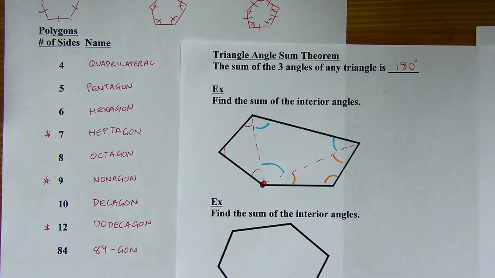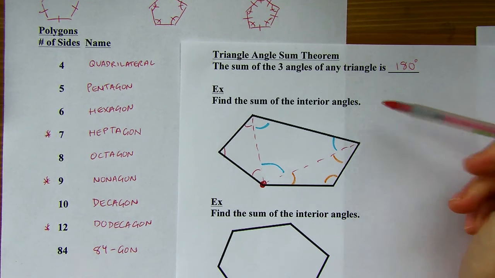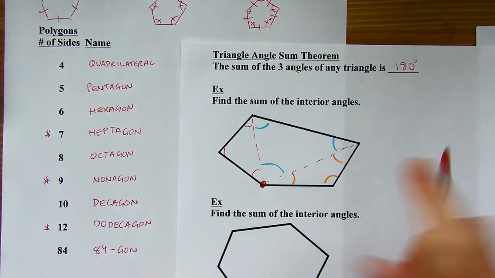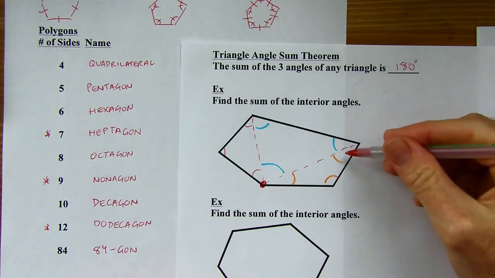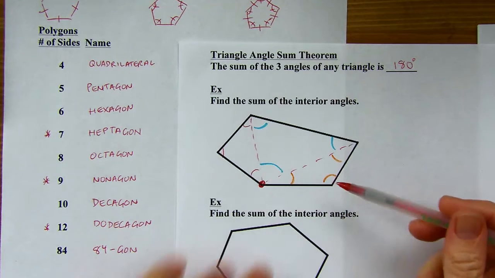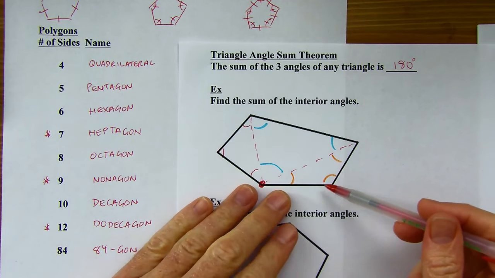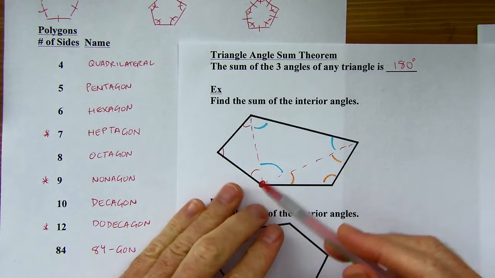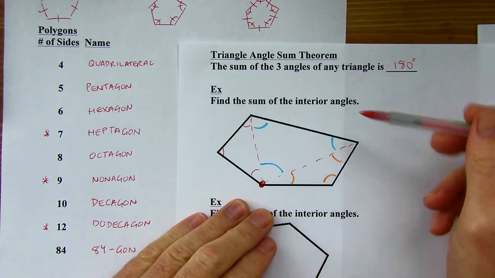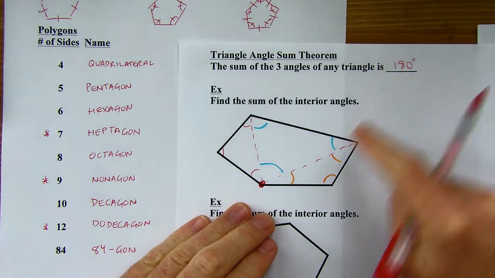If you think about all of the interior angles of the pentagon, well, there's one. But then if I add those two together, that's another one, right? And if I add these three together, so really if I take all of the smaller angles that I have with the orange, the blue, and the red angles there and add those all together, then that will be the same as the sum of all of the interior angles, right?